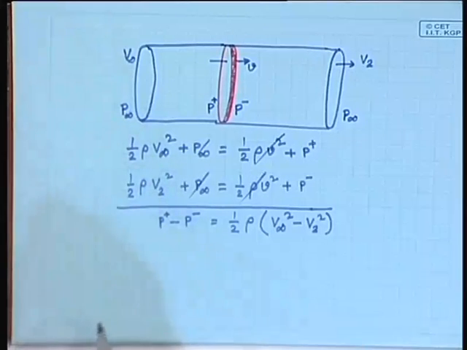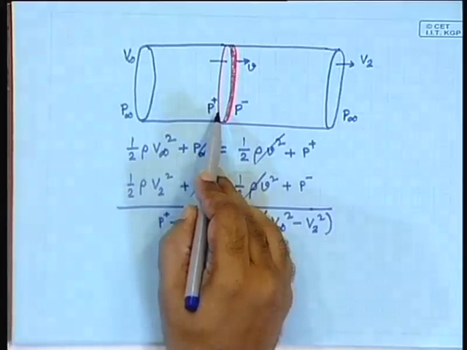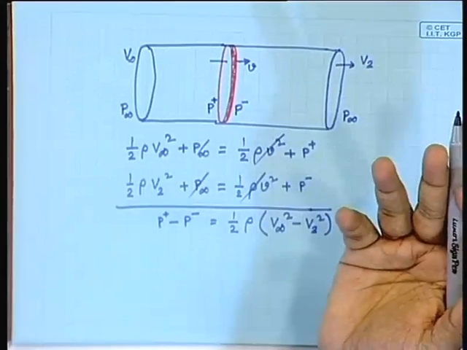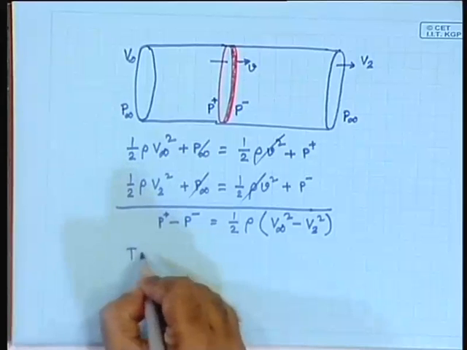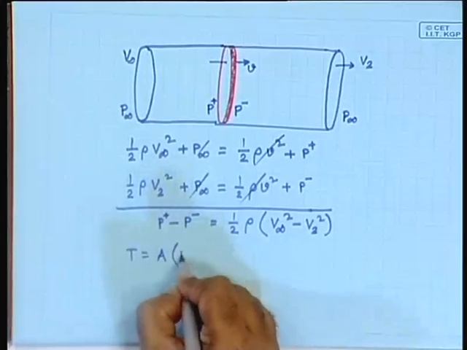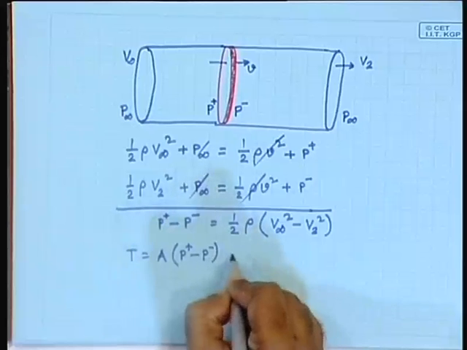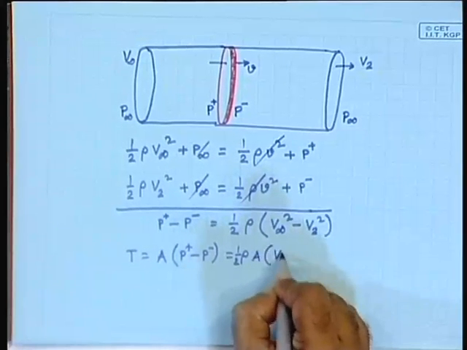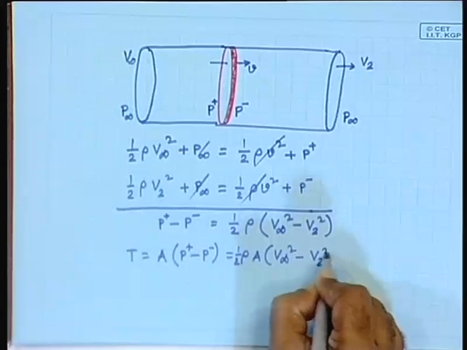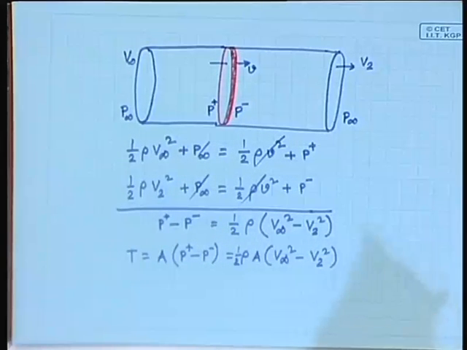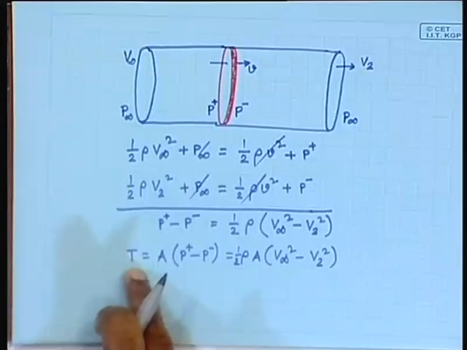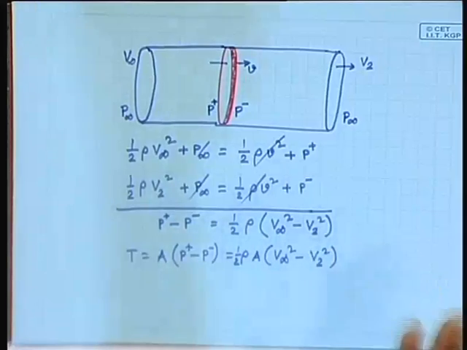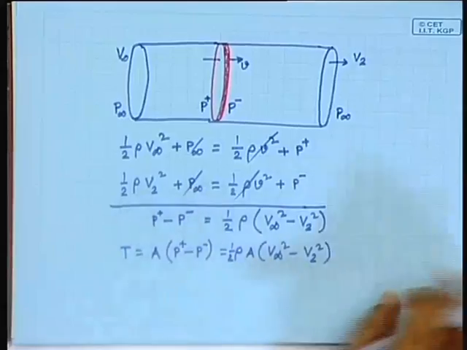If the pressure difference is known, then what is the thrust? Thrust is pressure difference times area. So, thrust is A times P plus minus P minus, which is half rho A times V infinity square minus V2 square. The thrust is also given by the change of momentum. So, we have got one expression for thrust like this.